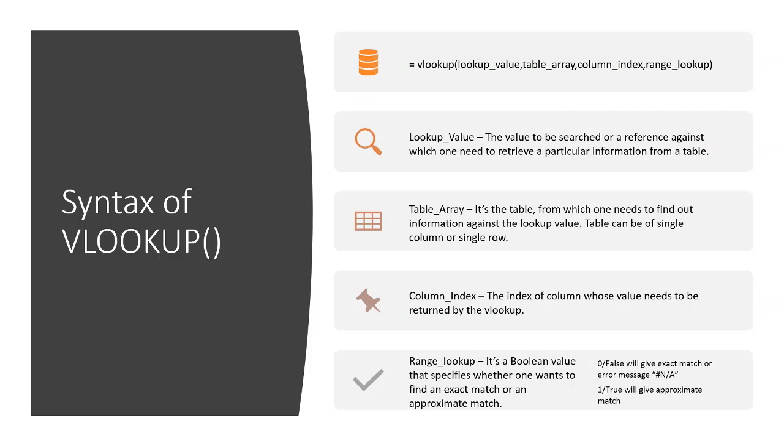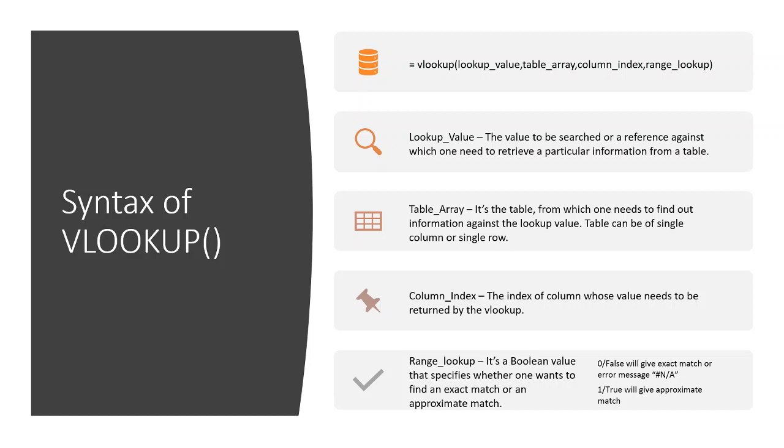If you want an exact match, you need to enter the fourth parameter as 0 or false, because this will give you an exact match. If you need an approximate match, then you can enter the fourth parameter as 1 or true. So friends, now we have some understanding of VLOOKUP.